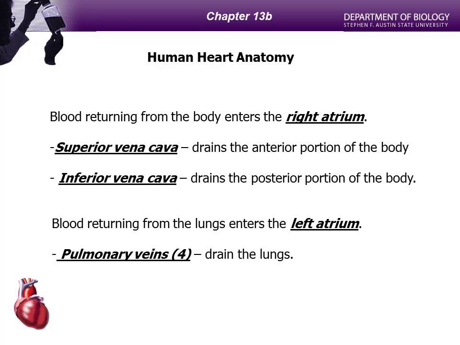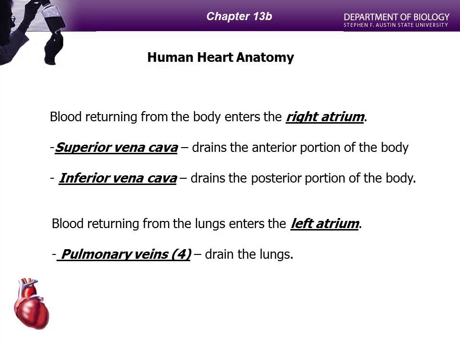The left atrium is also receiving blood back, and there are 4 vessels that are bringing blood back from the lungs, and these are the pulmonary veins. Now, when you hear a pulmonary term relative to the circulatory system, understand that the oxygenation of that blood is going to be the opposite of what we usually think of for that particular vessel. So in this case, our pulmonary veins, normally in a coloring book, you would color them blue because they're veins, and we know veins are blue.